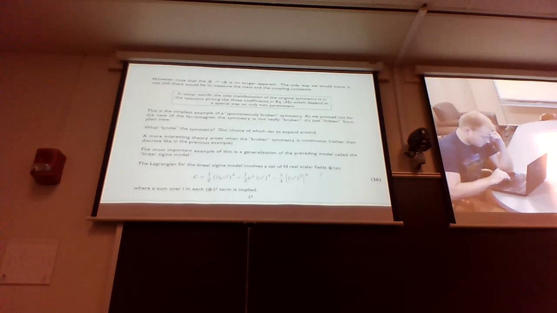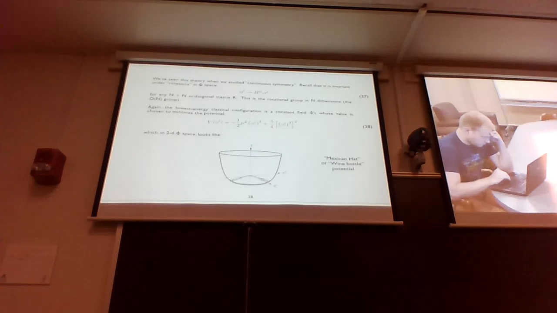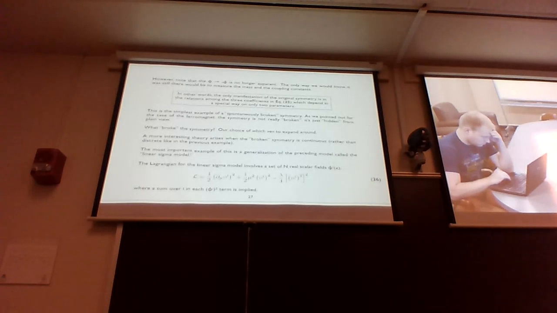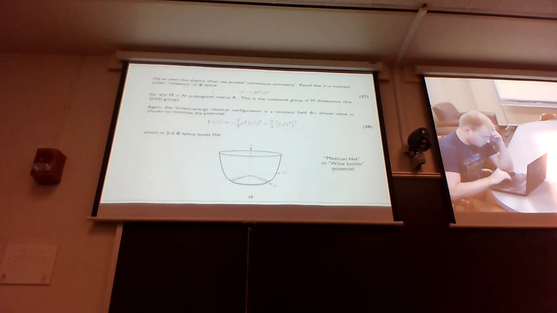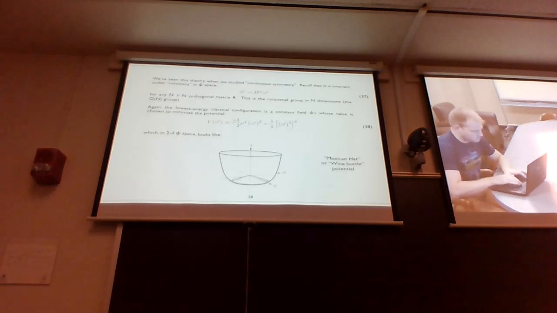So now these fields form a vector, and they transform under a particular symmetry, so you can do rotations of the field, and you would find that your theory would be symmetric.